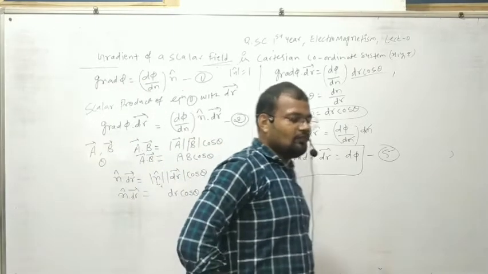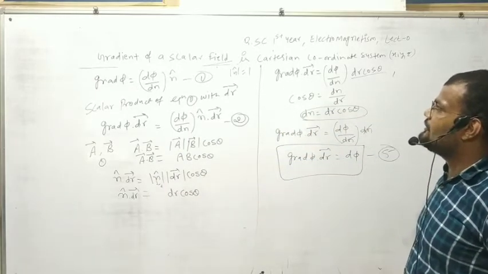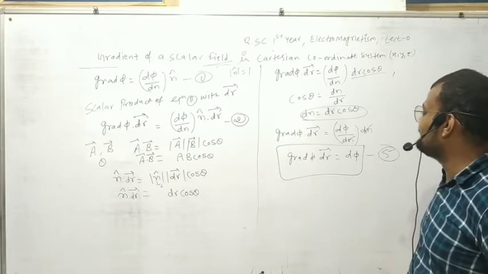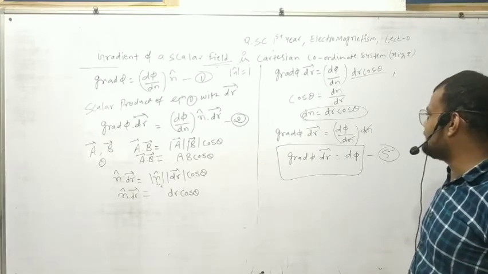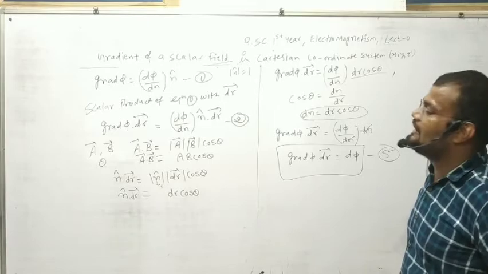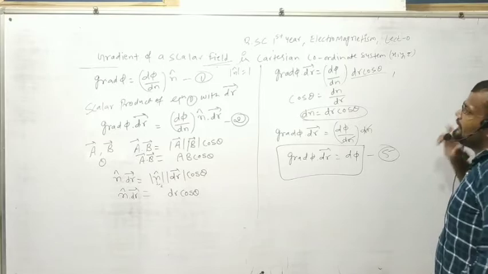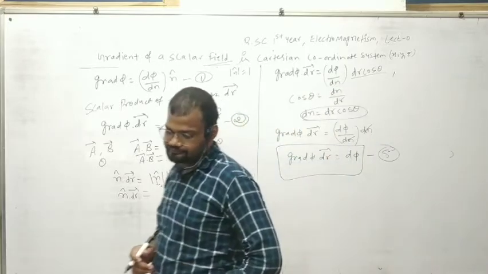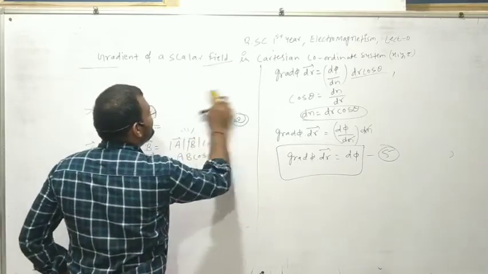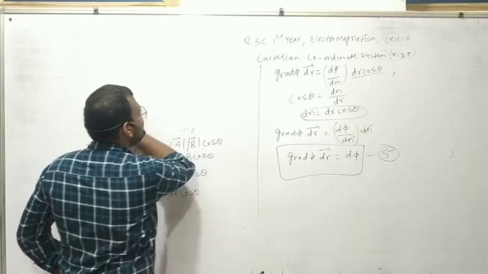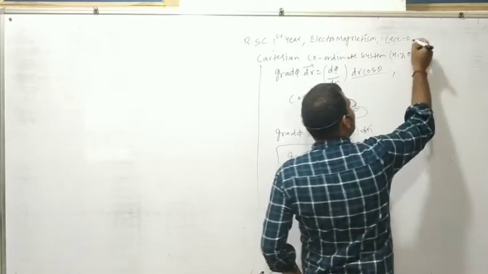You have done most of the work for representing the gradient of a scalar field in the Cartesian coordinate system. Now you are only 4 to 5 steps away from the mathematical expression for the gradient in the Cartesian coordinate system. Okay, this is your lecture number 5.